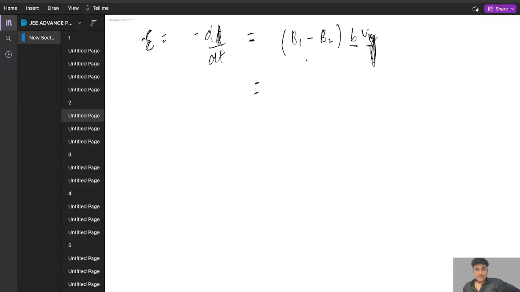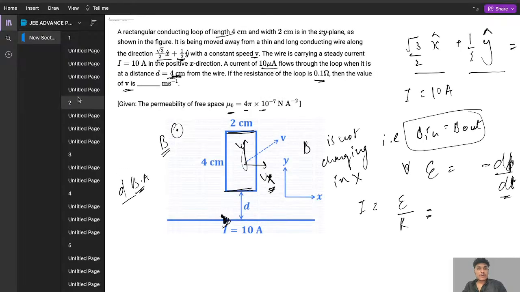Now, what is the magnetic field due to a wire? That is mu naught I upon 2 pi r, so for B1 that is 1 upon d, as we have to find the velocity at the point when d is equal to 4 centimeter.